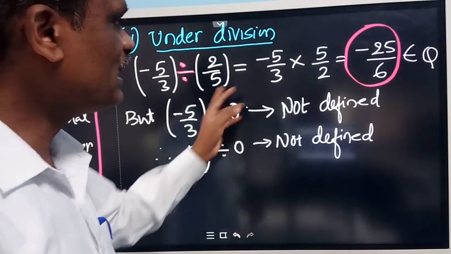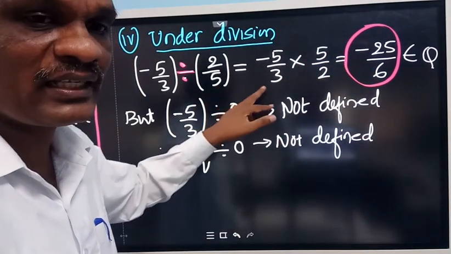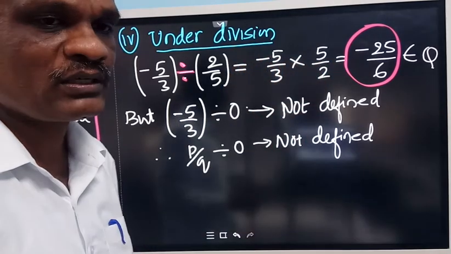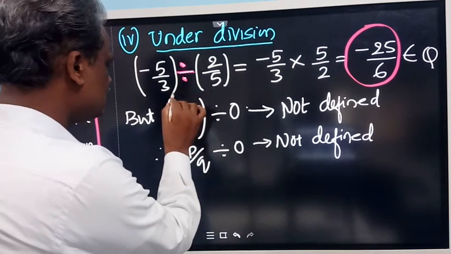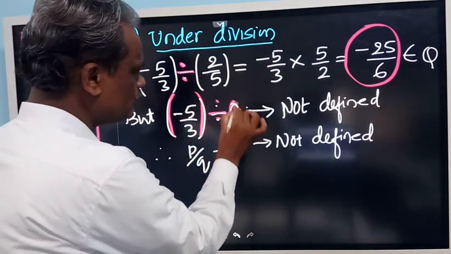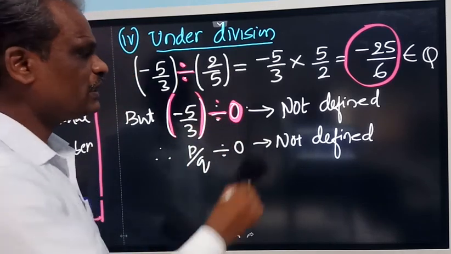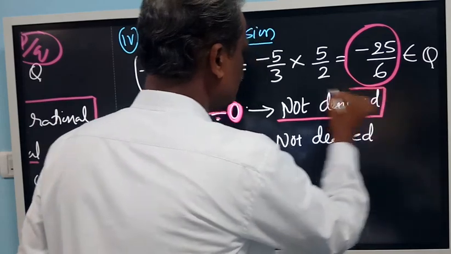When you multiply two rational numbers, you are getting a rational number only. When you are dividing a rational number by another rational number, you are getting a rational number only. But one exception is there. Minus 5 by 3 is a rational number, but divided by 0 is not possible. 0 is also a rational number. This is not defined.